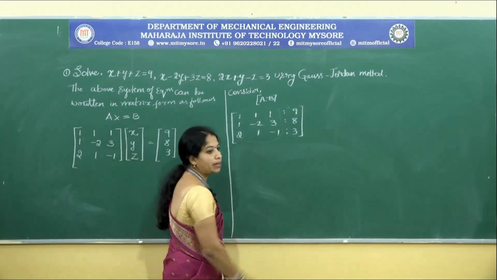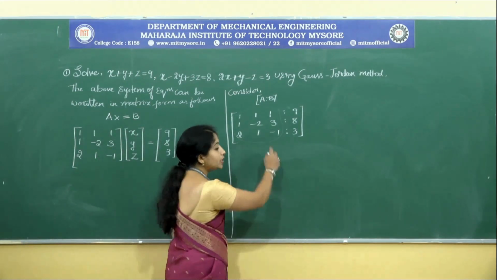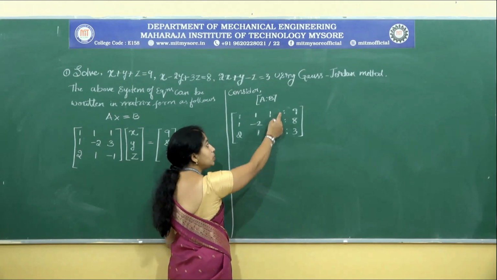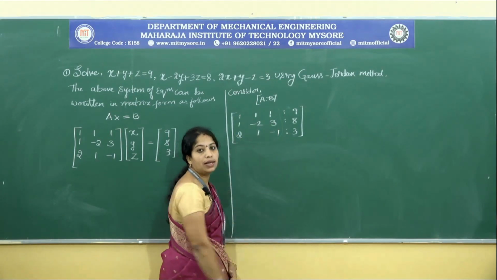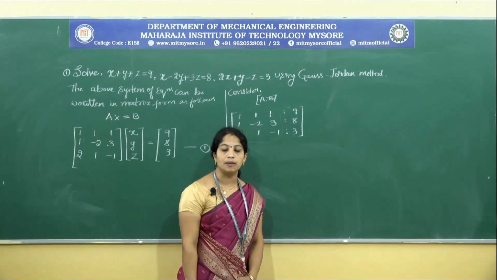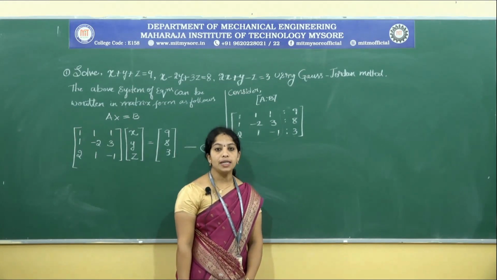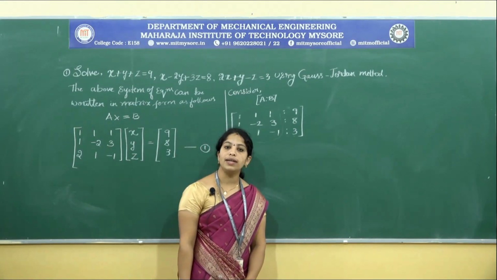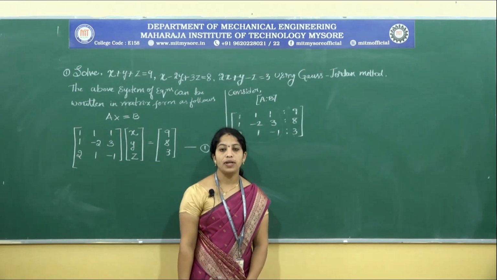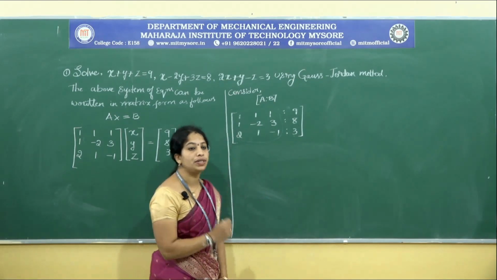Consider the augmented matrix. Now we are supposed to reduce the coefficient matrix into the diagonal matrix. Diagonal matrix means except the diagonal elements, all other elements should be 0. We are supposed to use only the row operations.